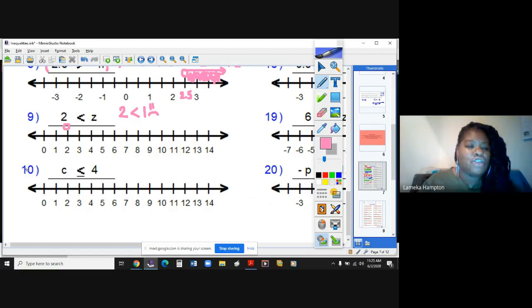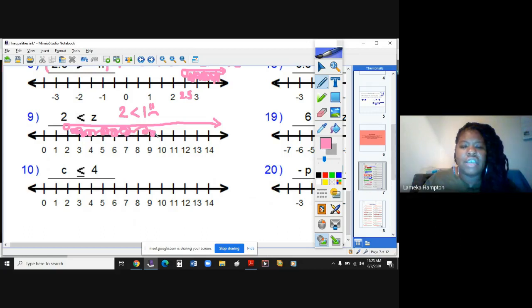So because it's not a true statement, that means anything to the left of 2 would not make this a true inequality. So therefore, I am going to make my arrow to the right, and any number, fraction, or decimal that's to the right of 2 would be my answer. So I could say 4 because 2 is less than 4.